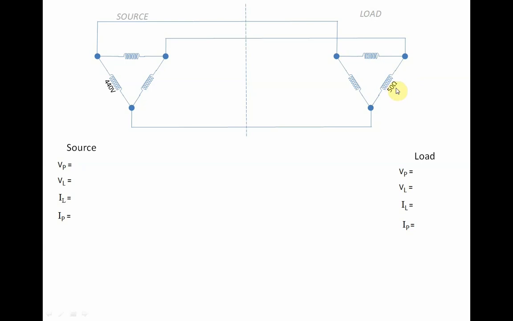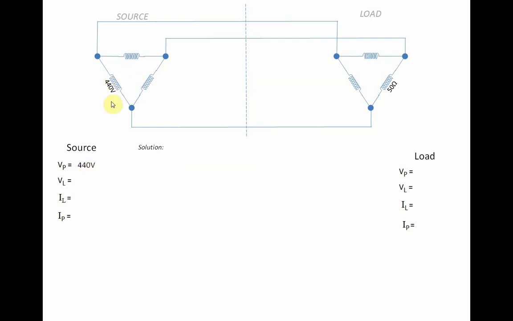To simplify, we represent the load as a resistance. Now, this 440 volts here is obviously the phase voltage. So right away, we can say that the phase voltage of our source is 440 volts.